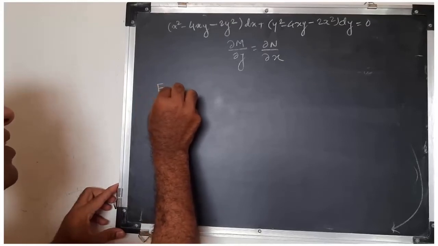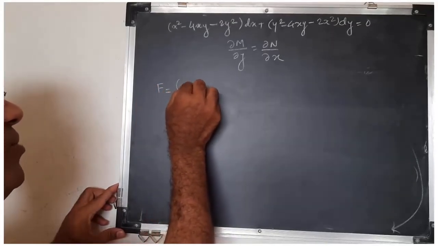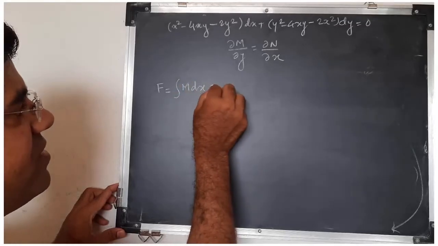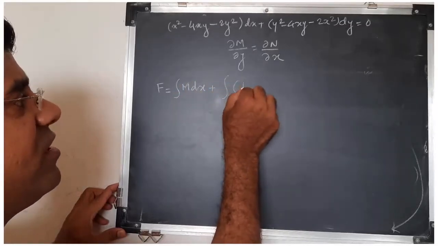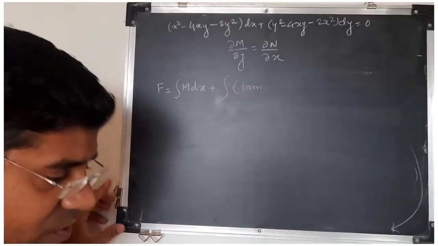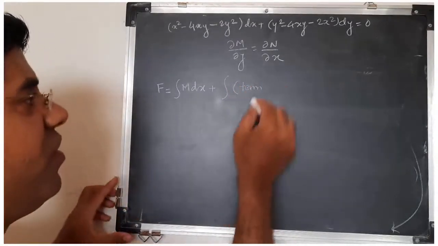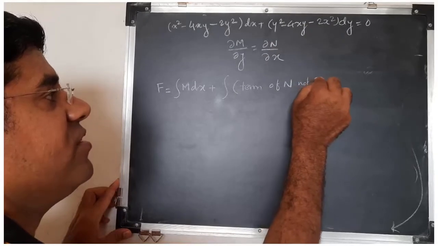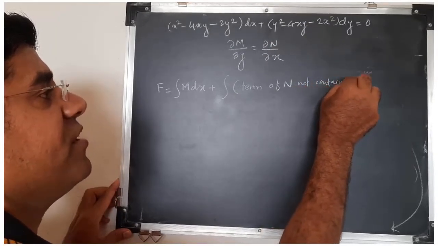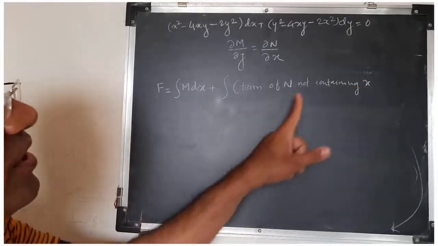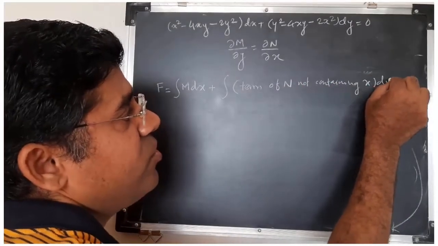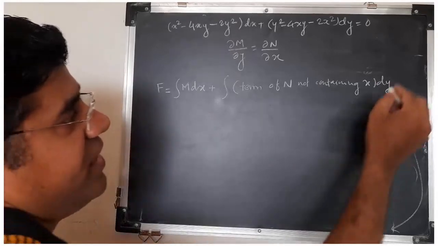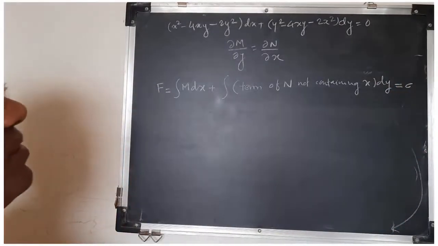The function f is the integral of M dx plus the integral of the terms of N not containing x, into dy, and that is equal to a constant, since f is constant.